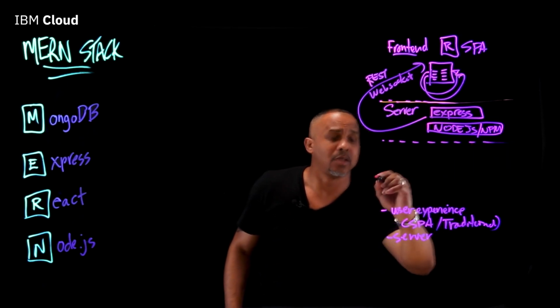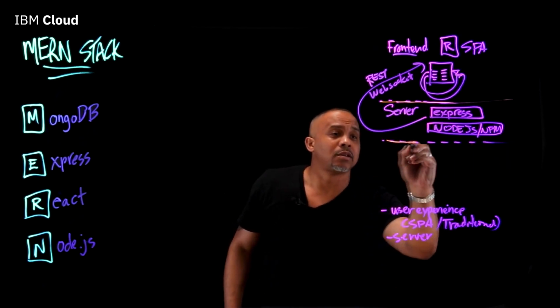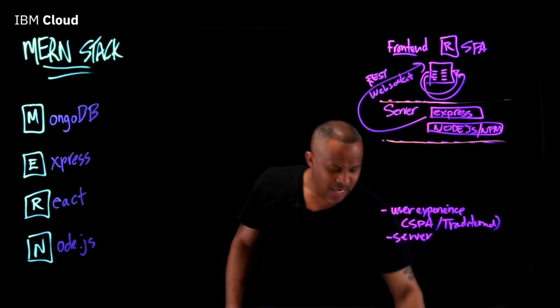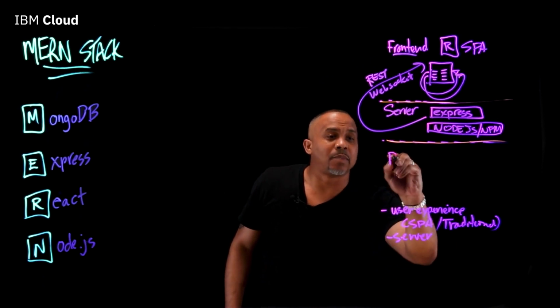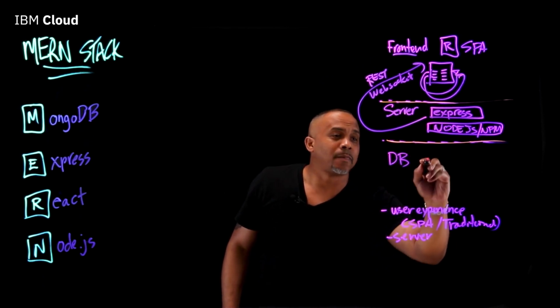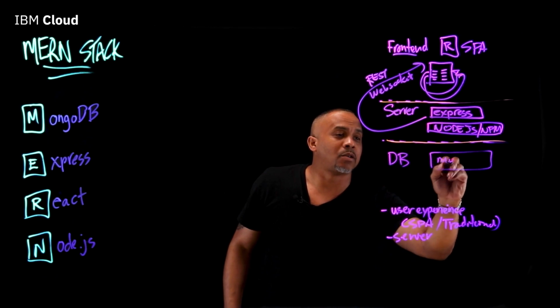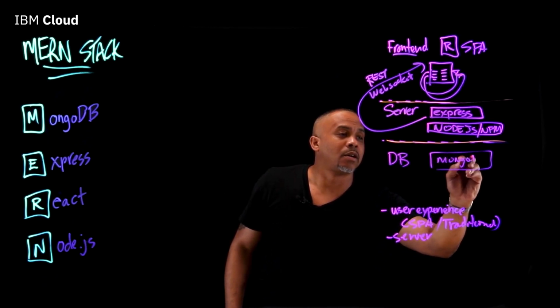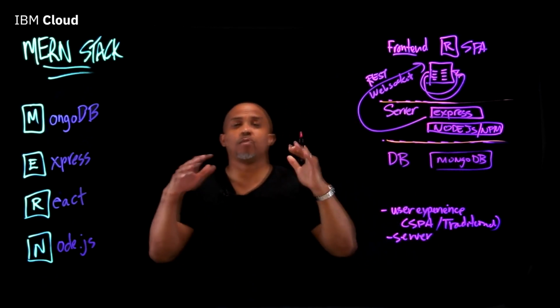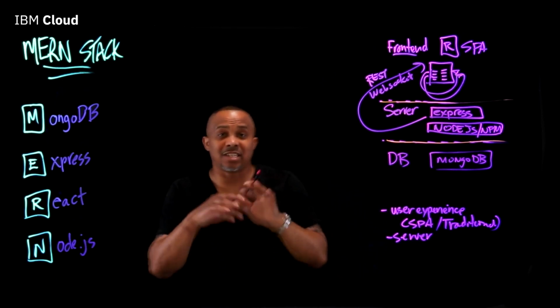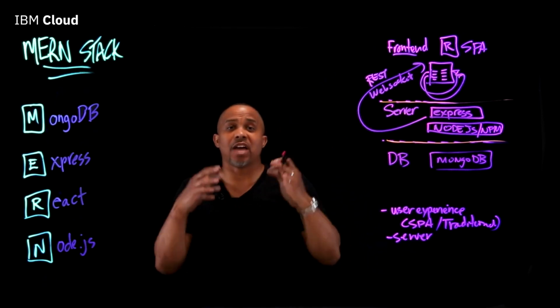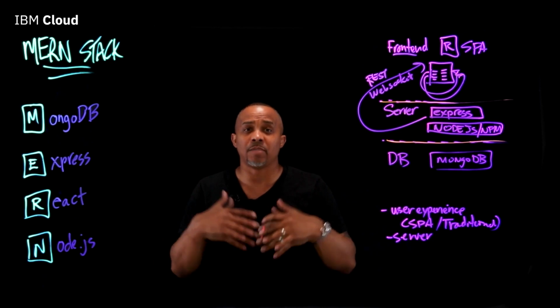Let's break that up again. And that's where we're going to have the database. I'll abbreviate it here, and this is going to be Mongo. Again, we have more dedicated videos where we can deep dive into Mongo, but we have that NoSQL nature that it provides.